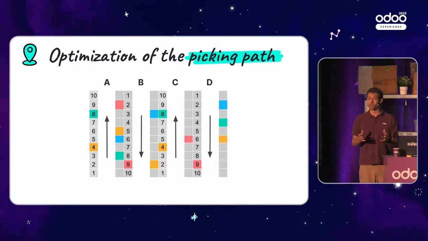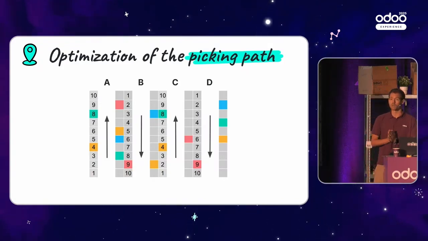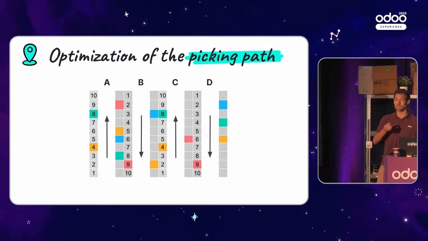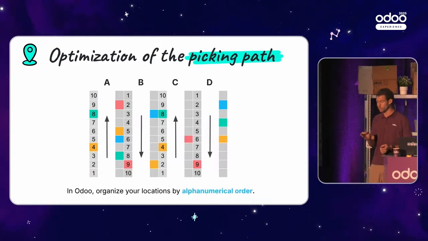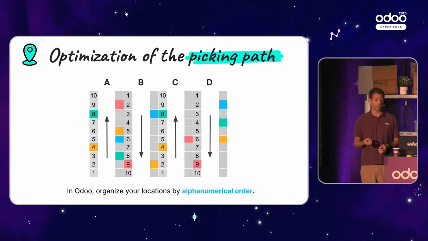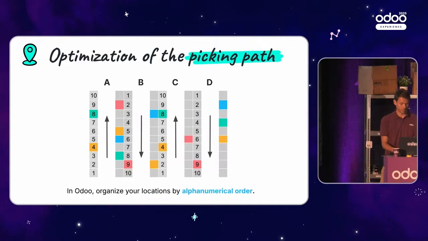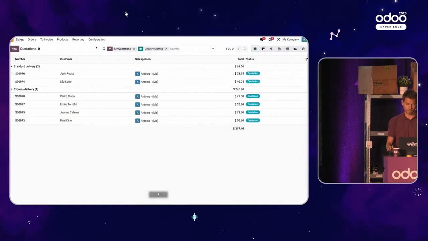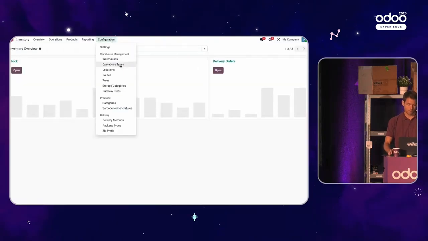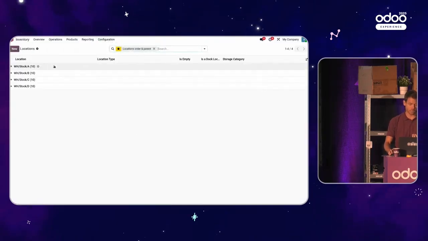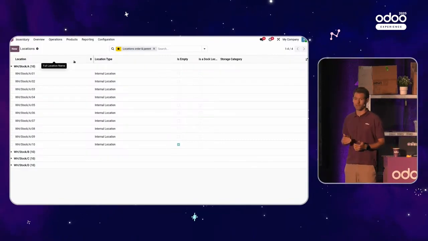Now, I need, of course, to be able to translate this in Odoo. That's the most important. And in order to do that, we have to understand a key information. Actually, in Odoo, we have to organize our locations in an alphanumerical order. That's super important. And that's what I actually did already here in my database. I will show you. I followed this logic of having here locations following an alphanumerical order.